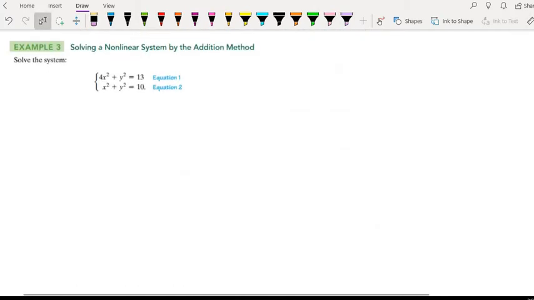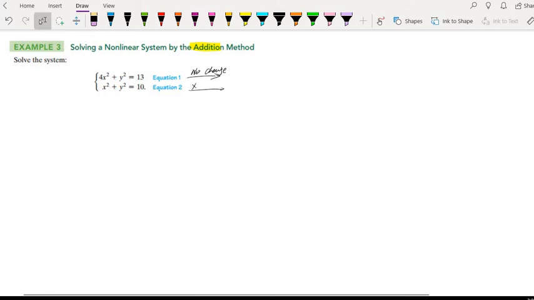Example 3, we have solving the system by using the addition method. We have equation 1 and equation 2. The idea is you want to get rid of one variable. For equation 1, there's no change. If I multiply equation 2 by negative 1 and then add it to equation 1, I'm going to get rid of y.